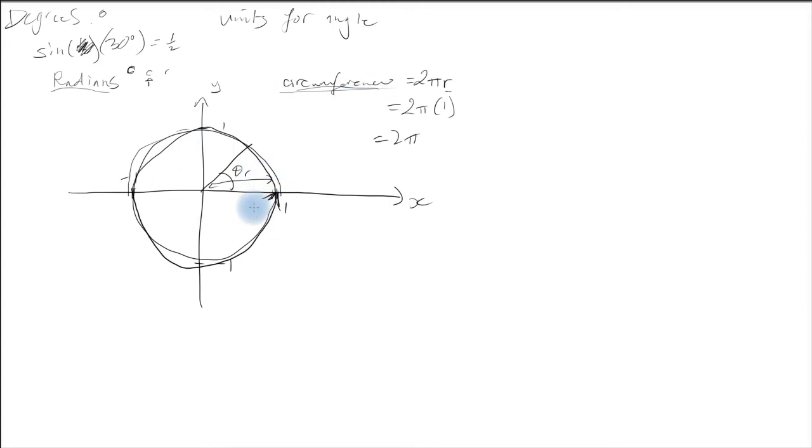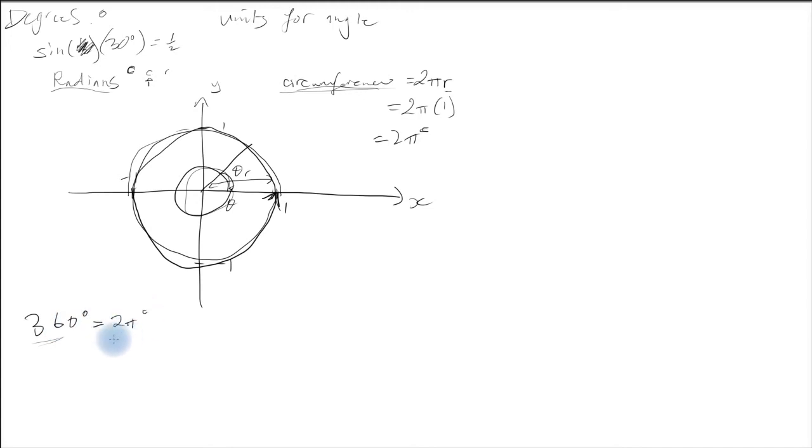So let's say the full circle angle is equal to 2 pi radians. Instead of 360 degrees, which is a weird number really, isn't it? Where did that come from? Instead of that, we will have 2 pi radians. So 360 degrees equals 2 pi radians.